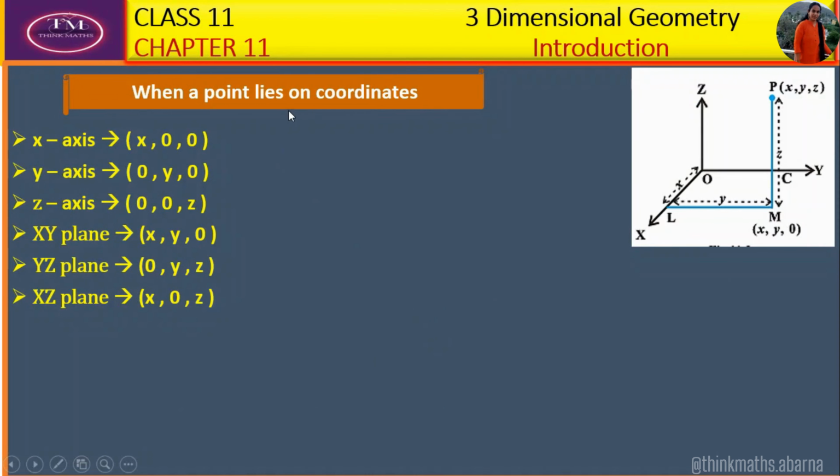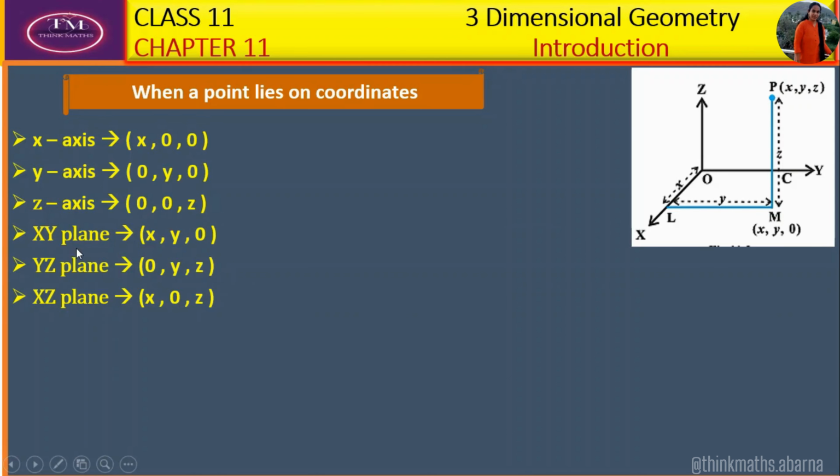When a point lies on the coordinate axes, if it lies on the x-axis, its coordinates will be x, 0, 0. If the point is on the y-axis, it has the coordinates 0, y, 0. If it is on the z-axis, its coordinates are 0, 0, z.